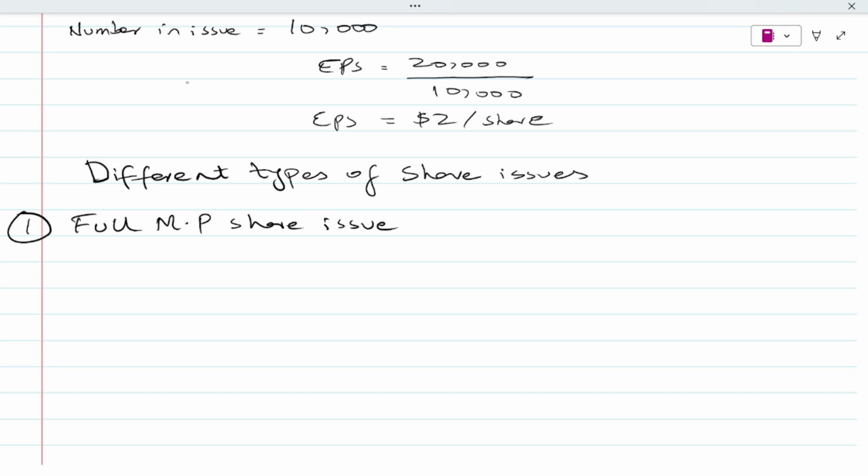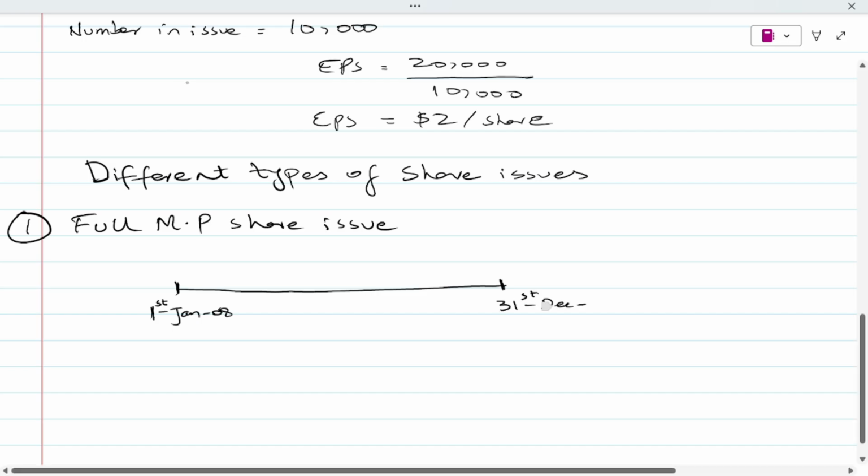Okay, now let's take an example and let's see how we deal with a full market price share issue question, right? So I'm going to form my timeline again. I'm going to start with 1st January 2008. I'm going to extend this timeline and it's going to end at 31st December 2008.